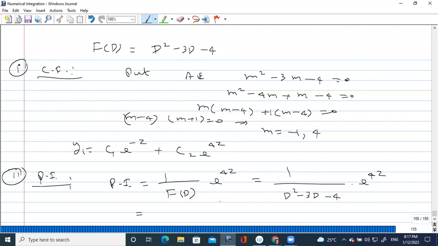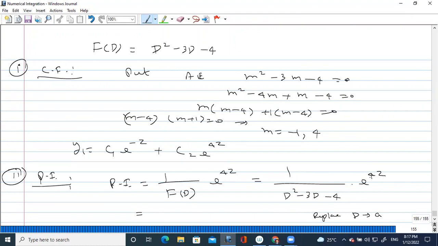So here it is e to the power ax type now, so you have to replace D by a, that you have to do.